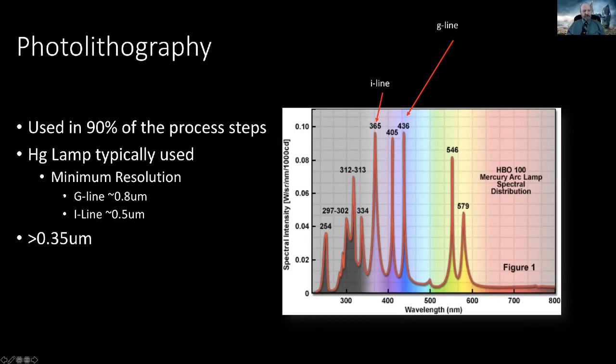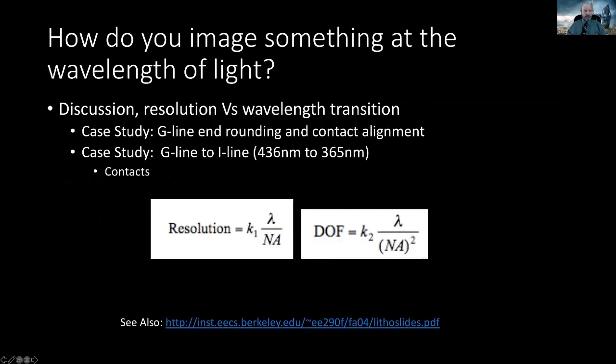So, like I say, the mercury arc lamp, that's Hg, stands for mercury, in case you didn't snap to that. With G-line, we could go down to 0.8 microns or so if we worked on it. And I-line, we could do half a micron, maybe a little bit better than that if we were careful, okay?